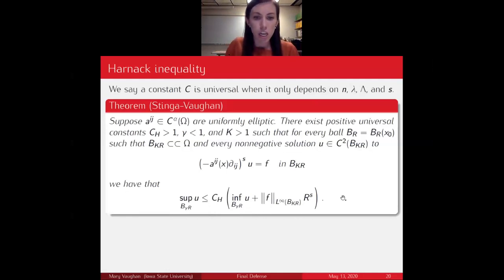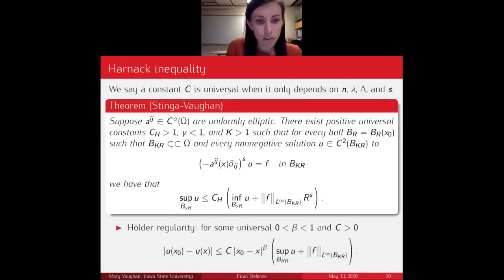And so you're controlling the supremum by the infimum, so this tells you how much the solution can grow. It controls the oscillation of the function. And an immediate consequence is interior Hölder regularity from the proof of Harnack inequality.